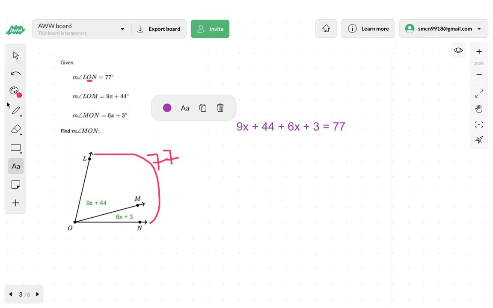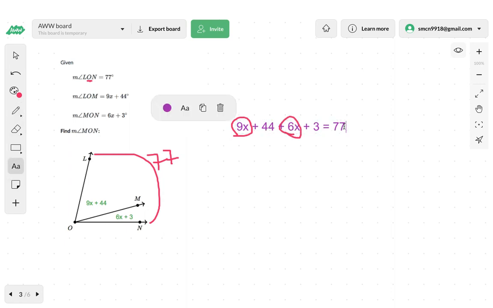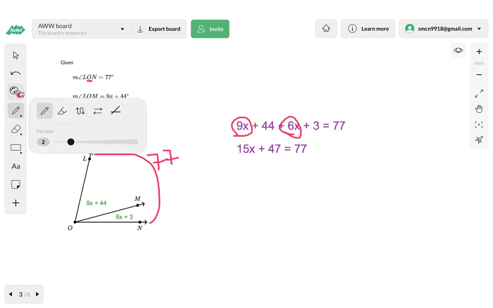What I'm going to do first is combine like terms. So I have my 9x and my 6x, which is going to give me 9x plus 6x is 15x. And then the remainder, we have 44 plus 3, and we'll get 47. I'm going to bring down the rest of the equation. All I did was combine like terms.